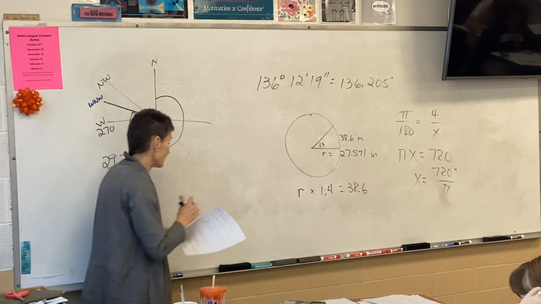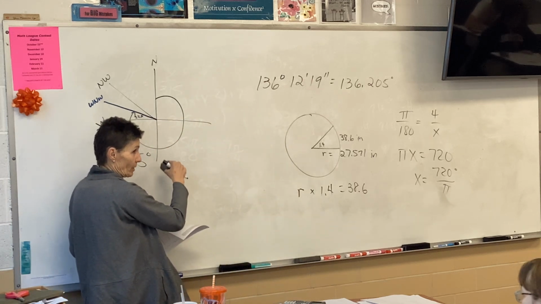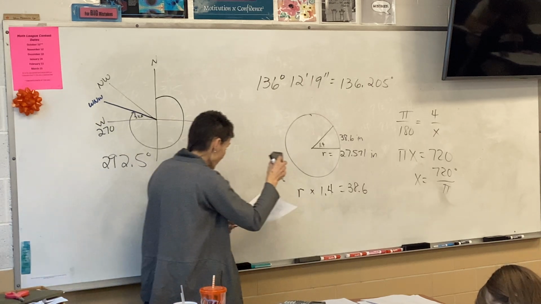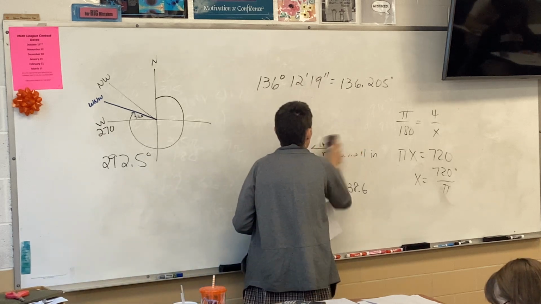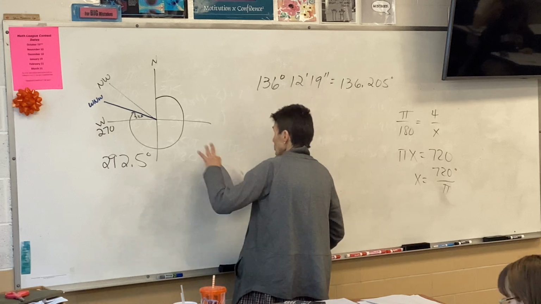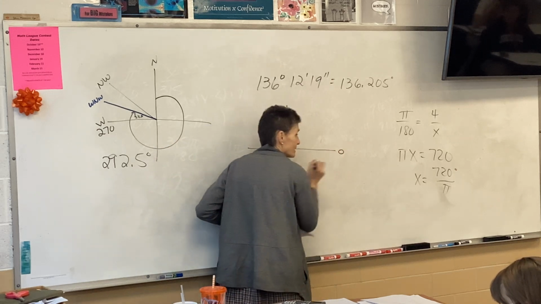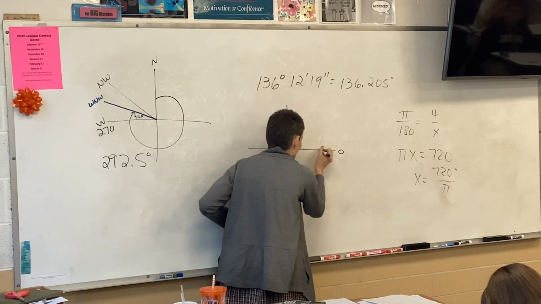All right, number 6. Now remember, these are navigational angles. Now I'm going to draw an angle in standard position, which means I don't use those labels. In standard position, this is 0. This is where you start.